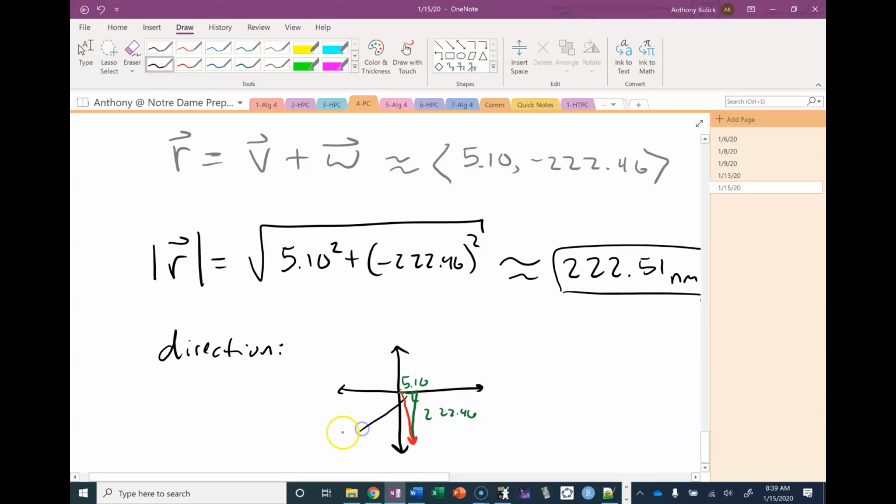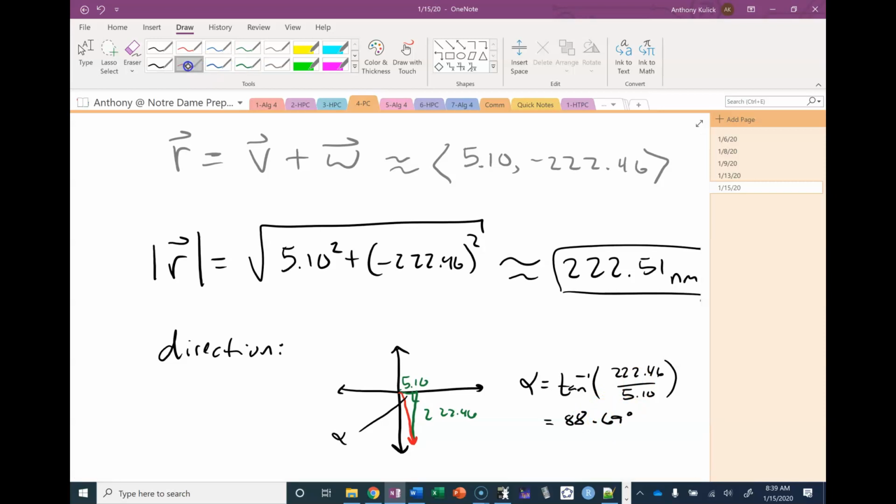So to find this angle, which I'm going to call alpha, I'm going to do tan inverse of opposite over adjacent. I type this into my calculator, I get 88.69 degrees.